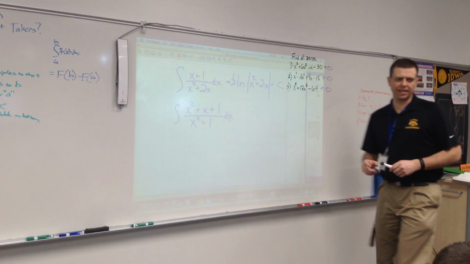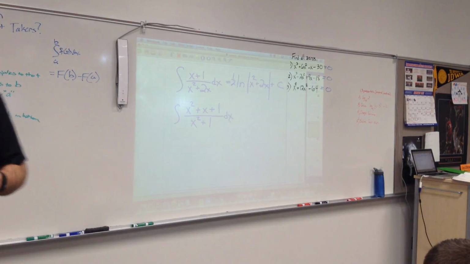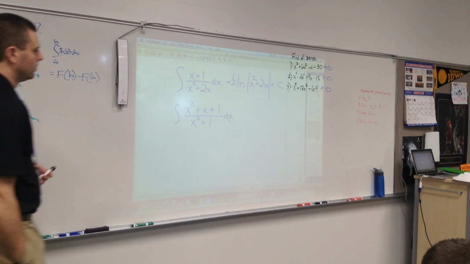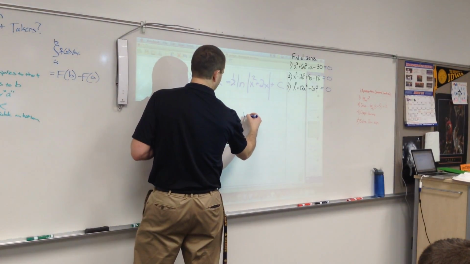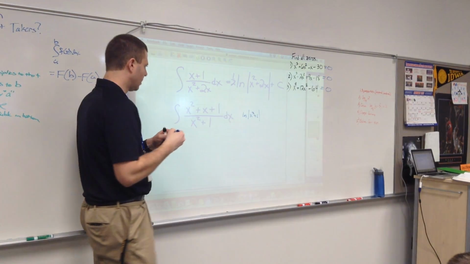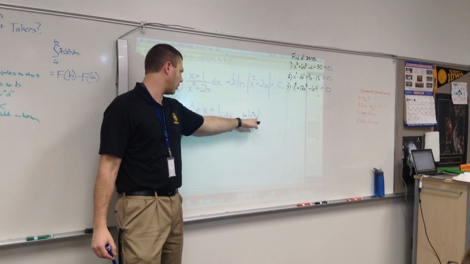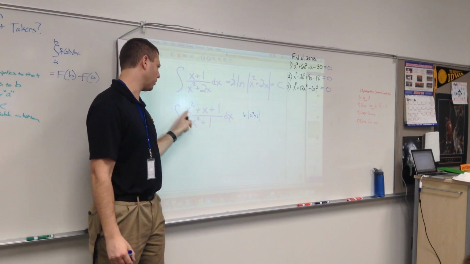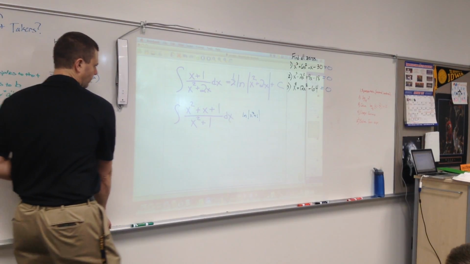So will this one work nicely with natural logs? Well, we've been trying to just do the natural log of the bottom, right? Okay? Well, that would give us the 1 over x squared plus 1, but then the derivative of what's inside would be 2x, and we're quite a ways from having a 2x, right?